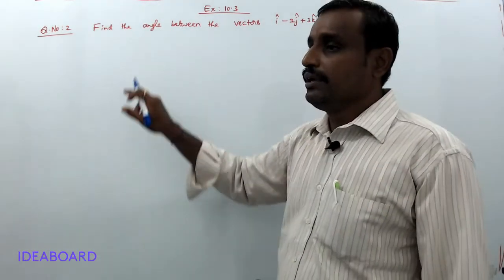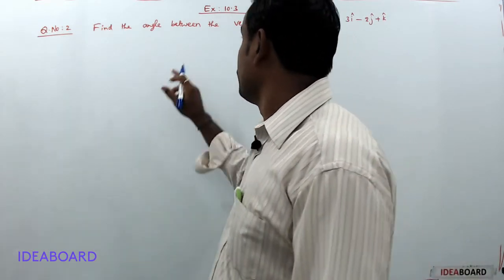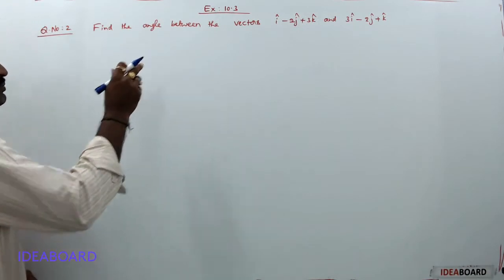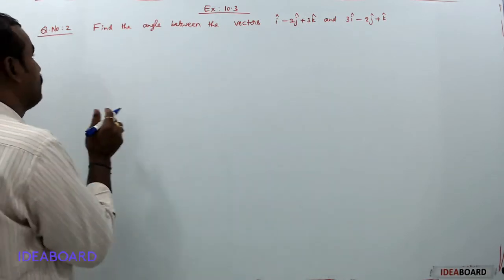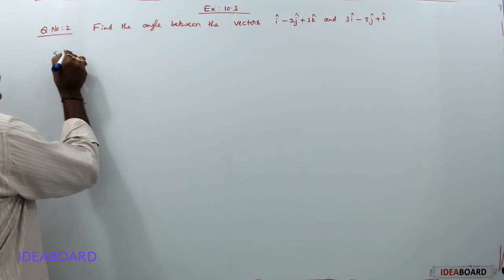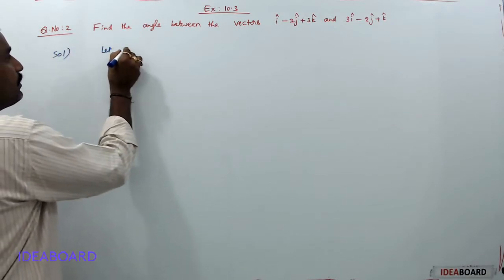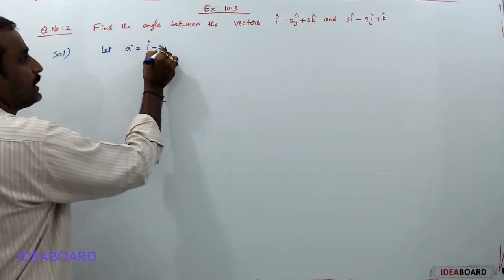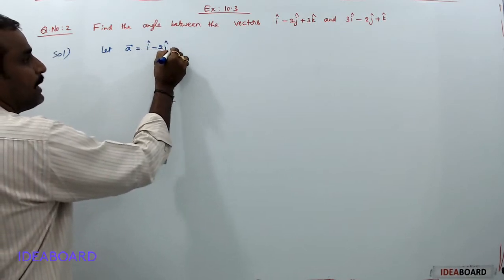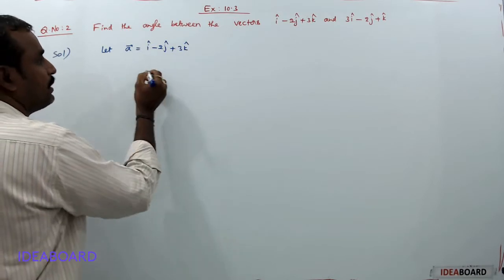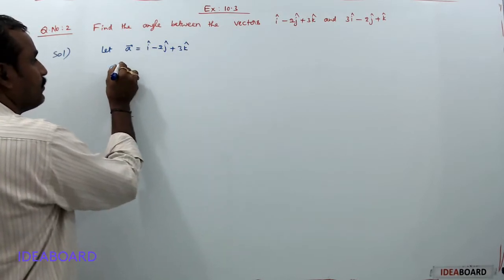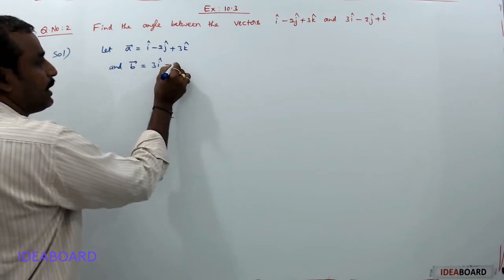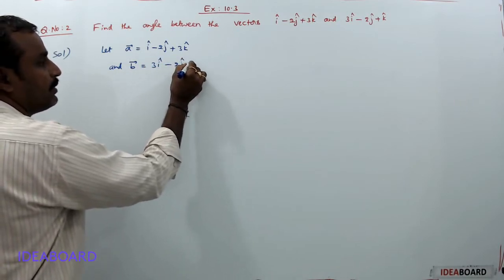Then the angle between the A bar and B bar. So now here the angle between them. First we are assuming the given vectors are A bar and B bar. So now the solution is, let A bar is equal to i cap minus 2j cap plus 3k cap, and B bar is equal to 3i cap minus 2j cap plus k cap.